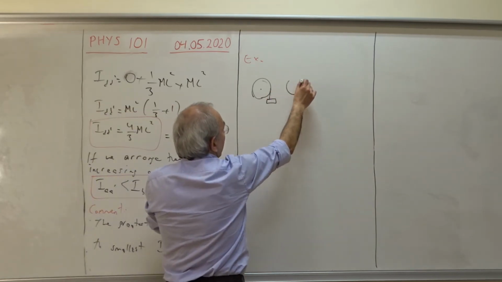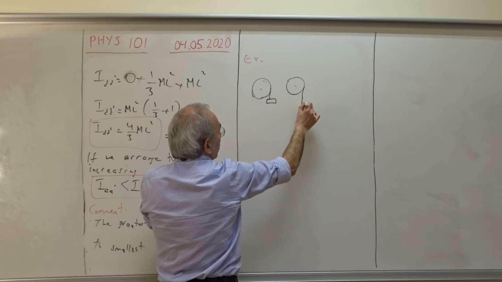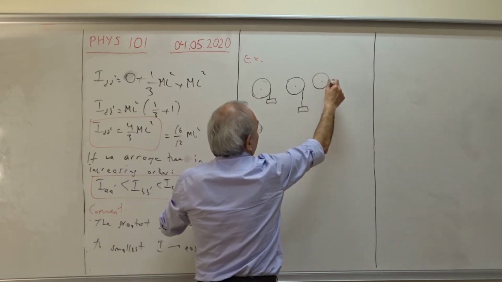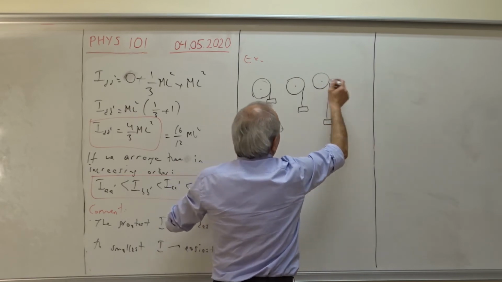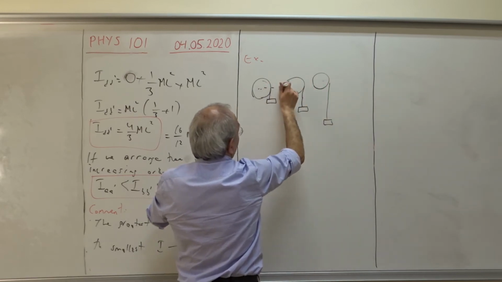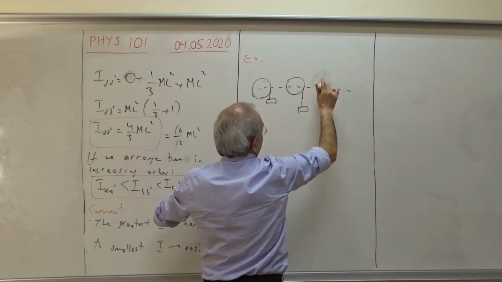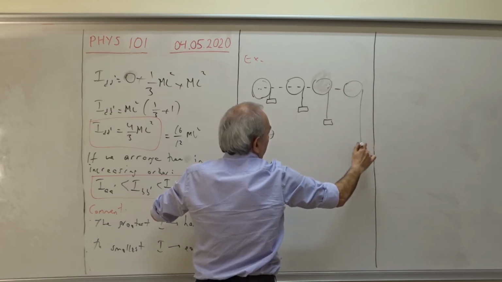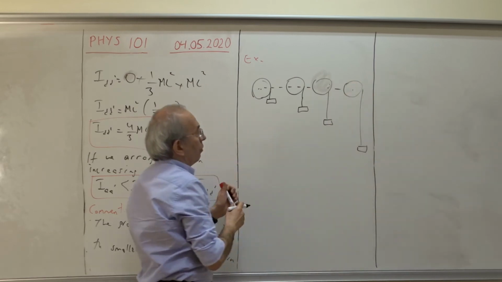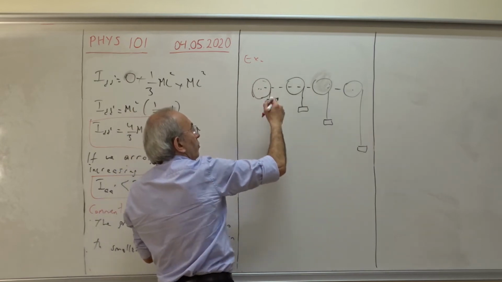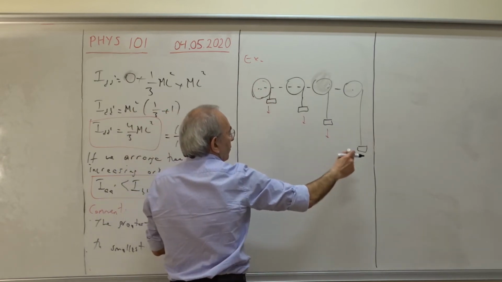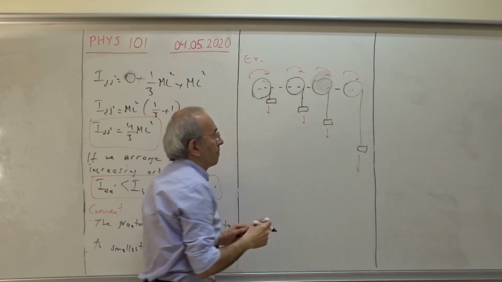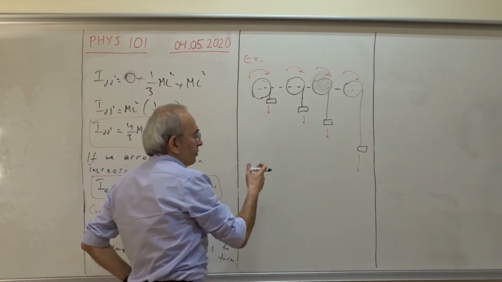Then this block is released, so it is falling down. On the one hand, the object is falling down. On the other hand, of course, the disk is turning. Now let me write the problem.